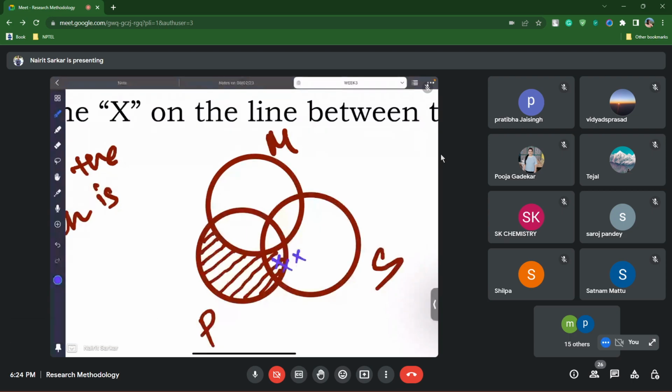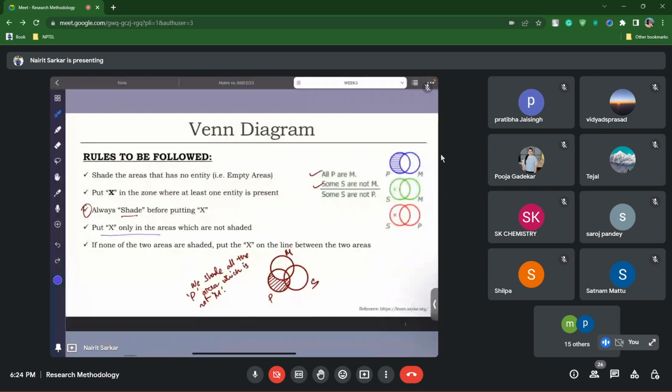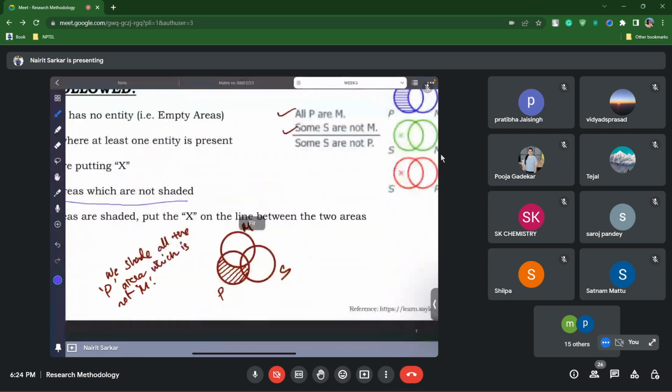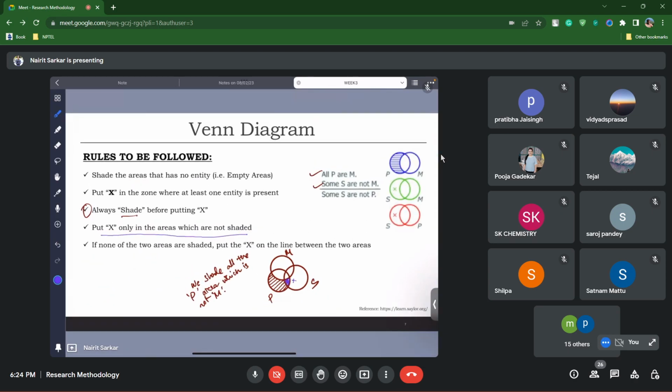But put X only in the areas which are not shaded. If this section is already shaded, we have to put X here. First you have to shade, then you have to put an X.